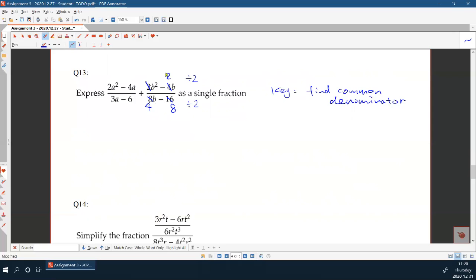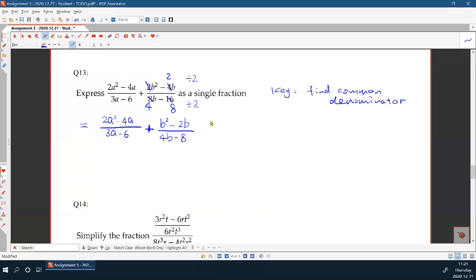So if we cancel 2 on the second term, the original expression changes to this one, b squared minus 2b divided by 4b plus 8. So we cannot do anything here.